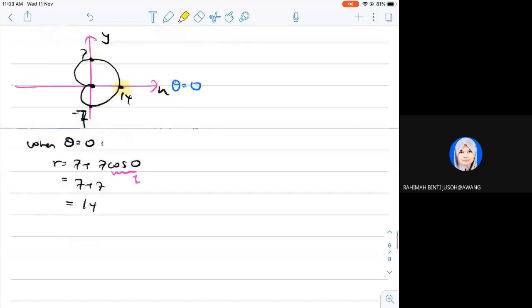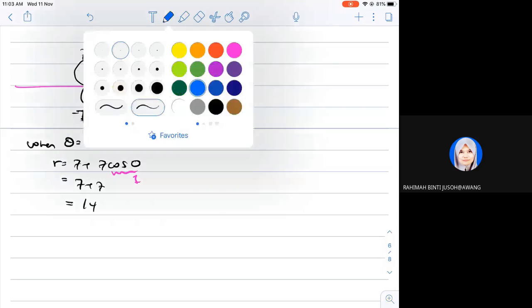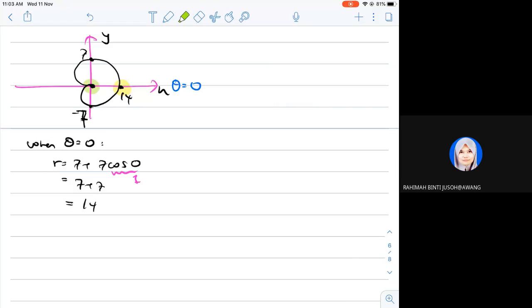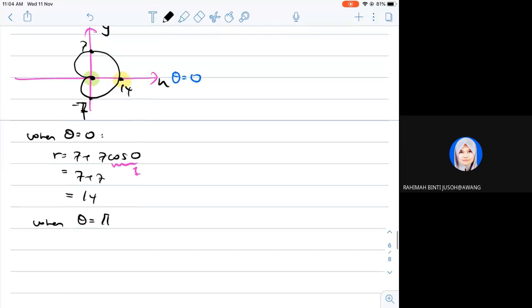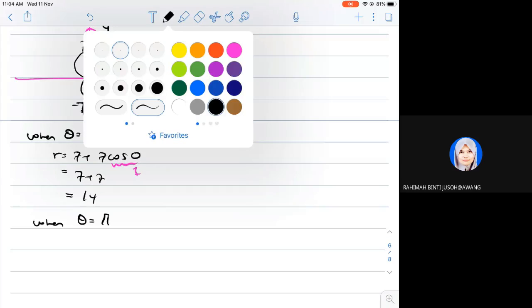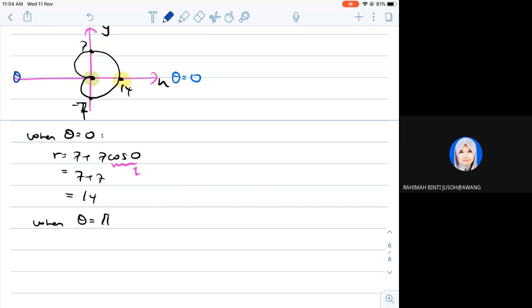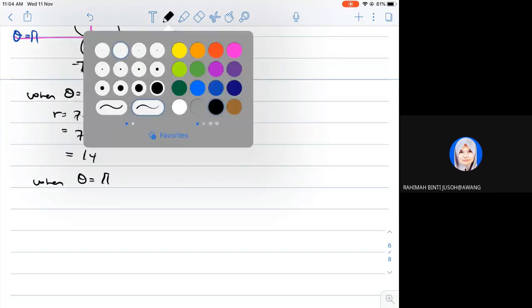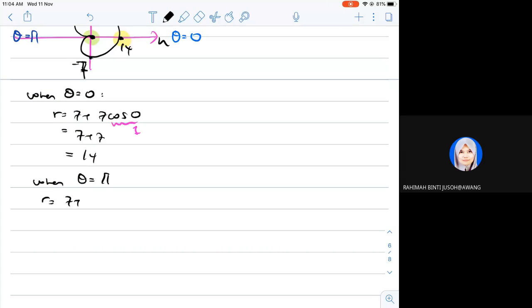Okay, now, saya nak explain kenapa kat sini dia jadi 0. Why do we have 0? Because when theta equals pi, dekat mana guys sebenarnya? Pi should be here. When theta equals pi, we will have r equals 7 plus 7 cos pi.